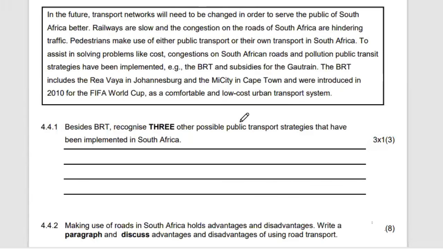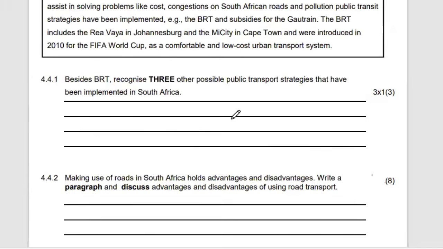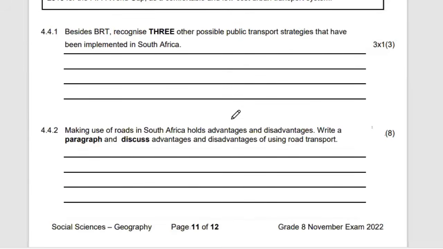Then the first question says, besides BRT, recognize 3 other possible public transport strategies that have been implemented in South Africa. Besides the ones that have been mentioned, what others have been indicated? So for us to figure out what else has been implemented to try and reduce the transport problem, we can talk of bus and bicycle lanes.